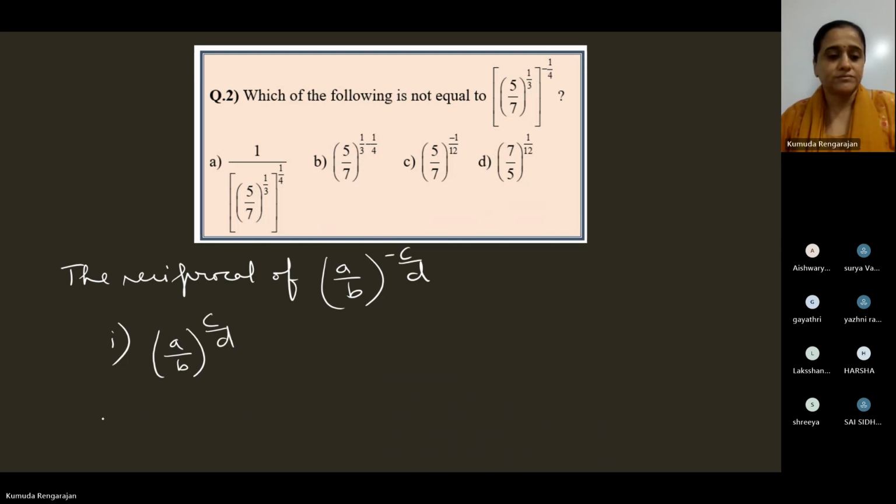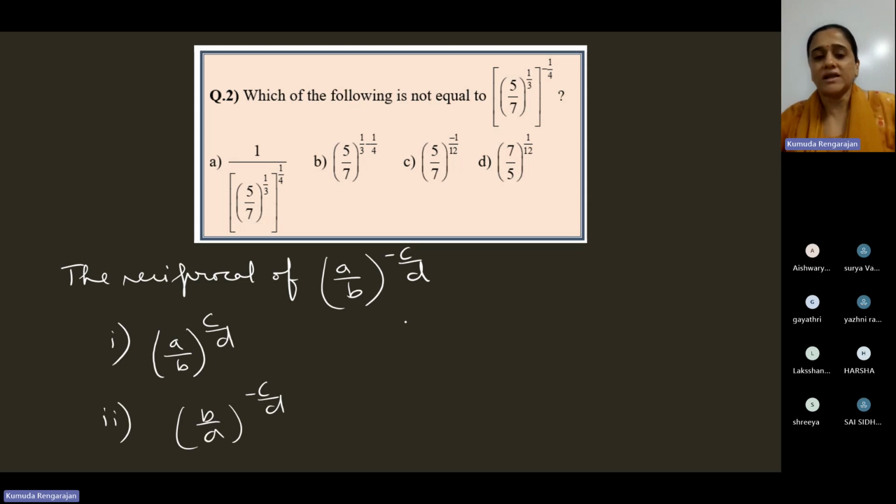If you write the power as it is, write the reciprocal of the base. Now these two expressions are the reciprocals of the given expression.